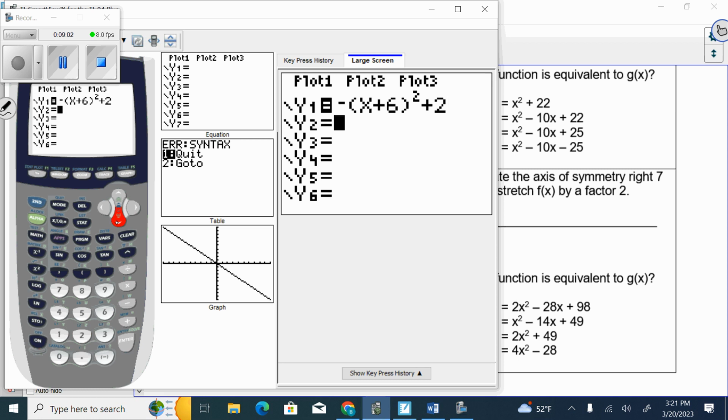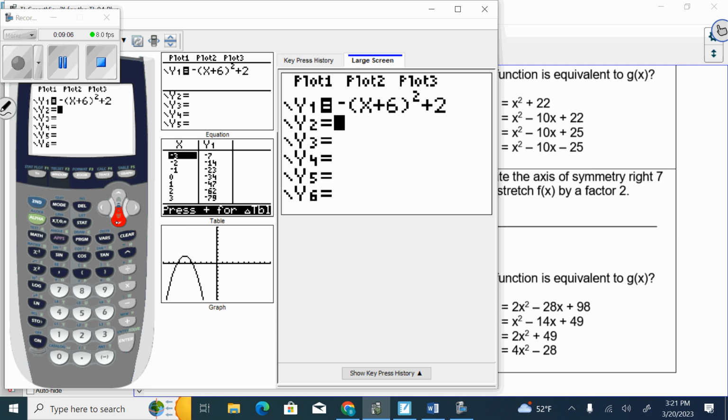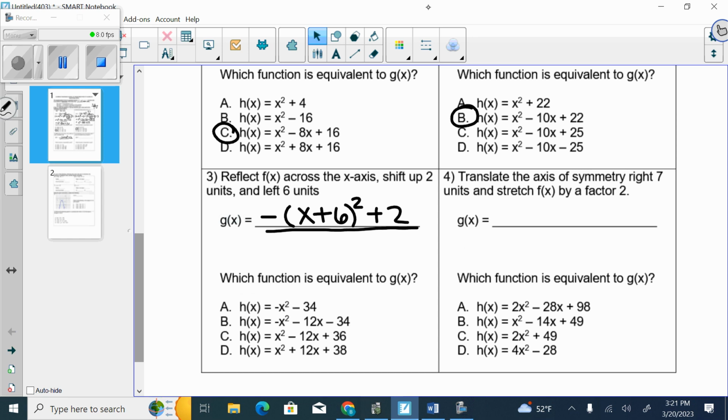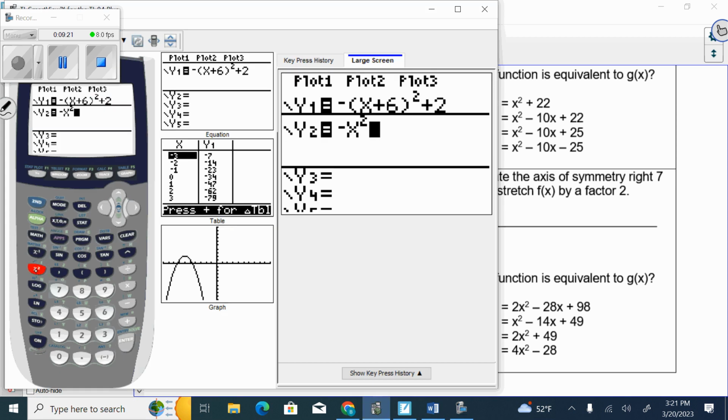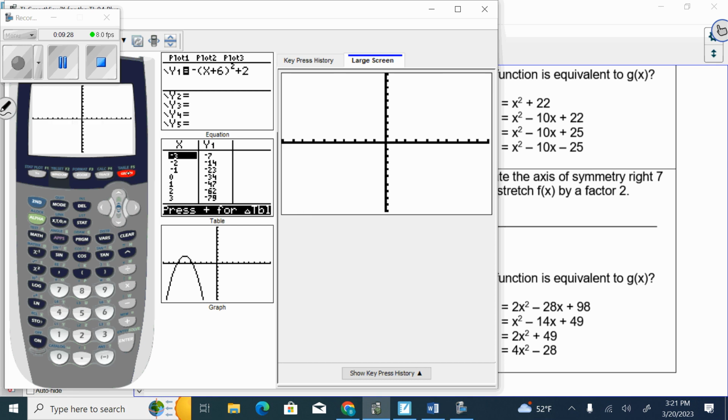Okay. And then in Y2, you pick any of those equations from the answer choices, and you're going to put it in Y2. So which one do you guys want to start with? A? Type in A first. Okay, well then we'll put in negative x squared minus 34 in Y2. All right, and then we're going to hit graph, and if they're the same equation, then they land right on top of each other.